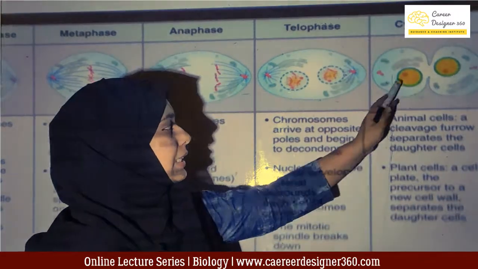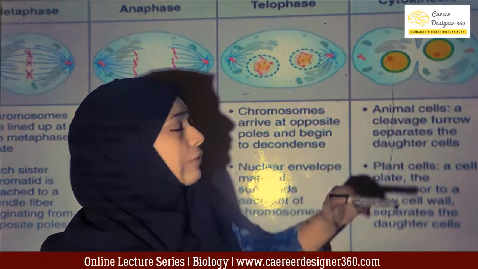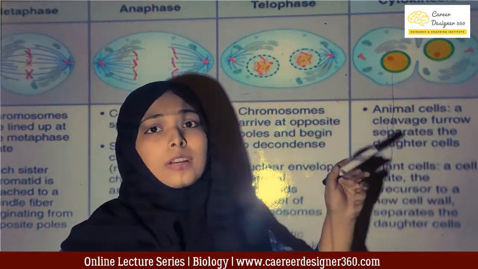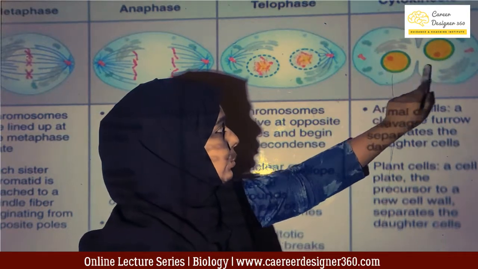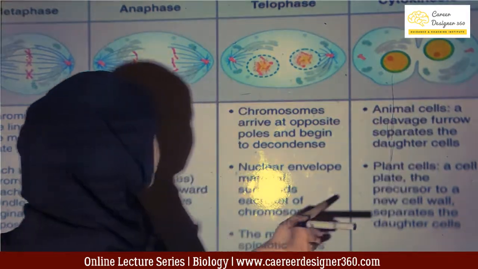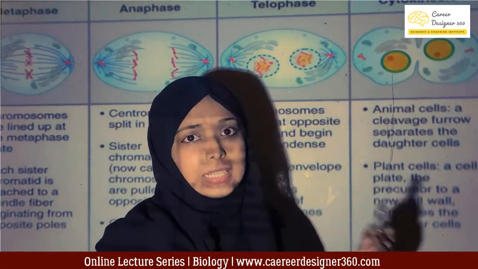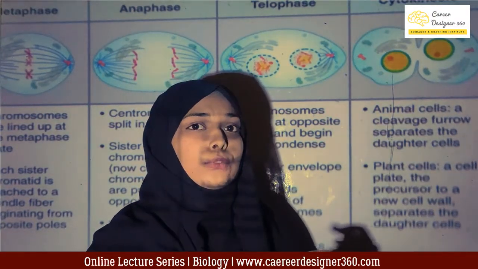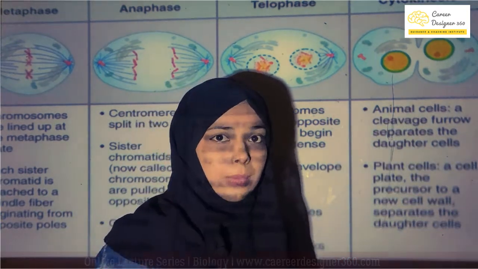Now the cell is dividing in cytokinesis, where in an animal cell there is furrow formation which deepens to give you two new daughter cells, and in a plant cell a cell plate is laid down, which moves from the middle towards the periphery and separates the two plant cells.